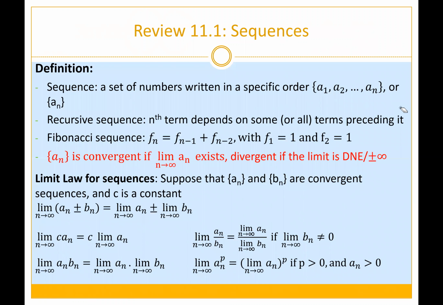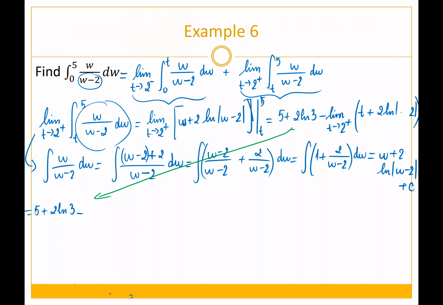Why does this thing just keep flipping today? T minus 2. When you plug in t approaching 2 plus, you're going to have 2 plus minus 2, which is 0 plus. So this part is going to be negative infinity.